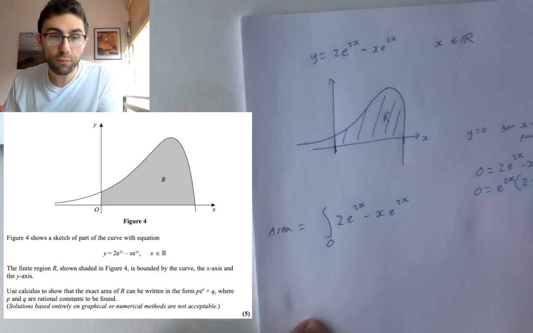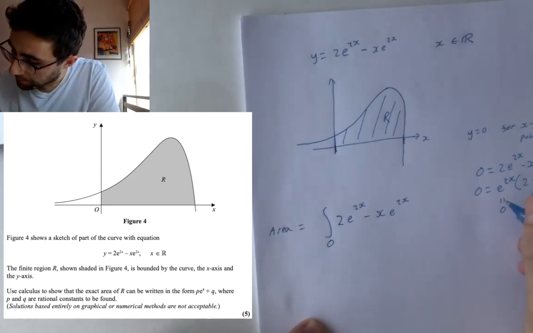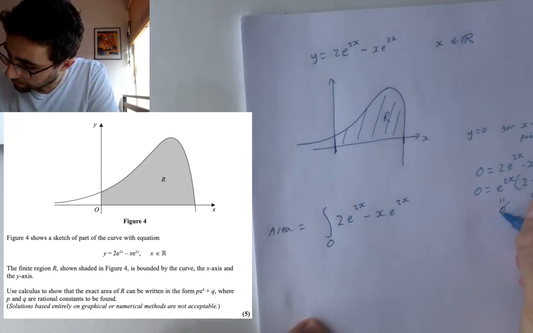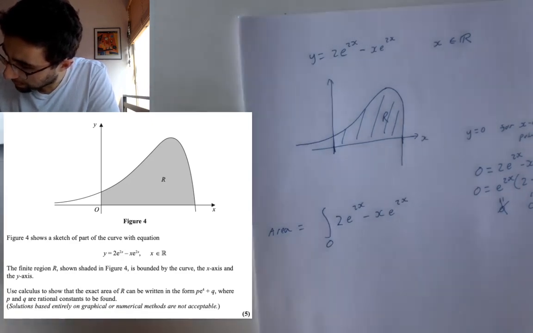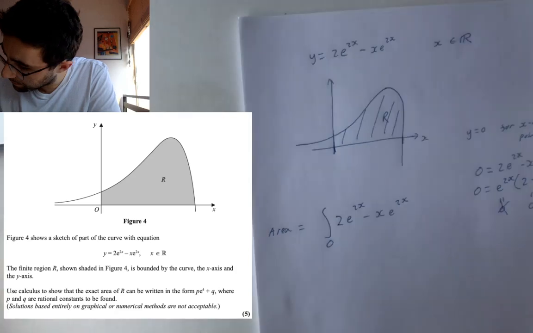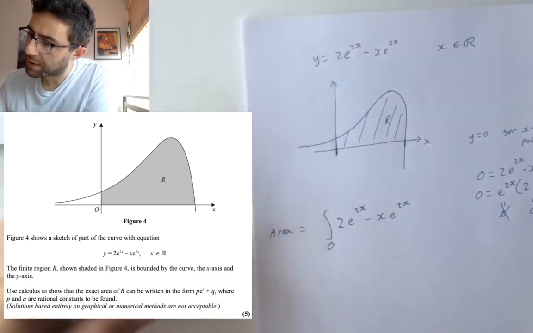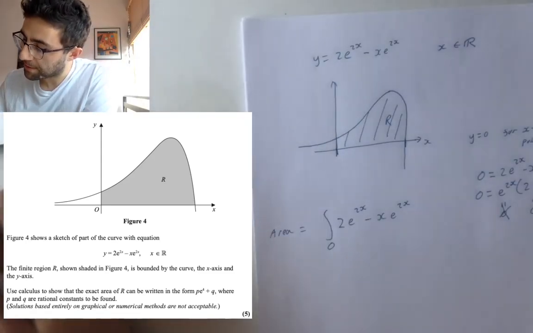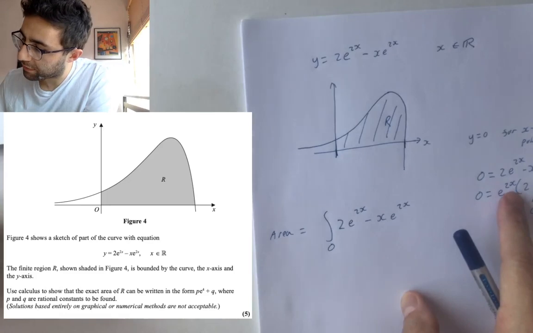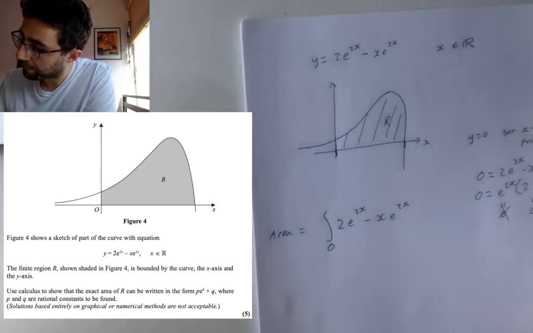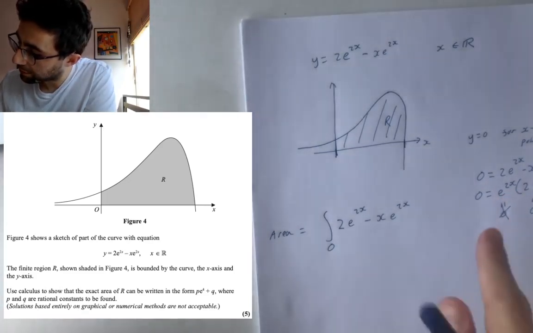I'm going to go for it. Minus. Now, the reason I've split it up like that into 2 is because the first term, 2e to the 2x, is reasonably easy to integrate. The second part is not easy to integrate, but it's integration by parts.